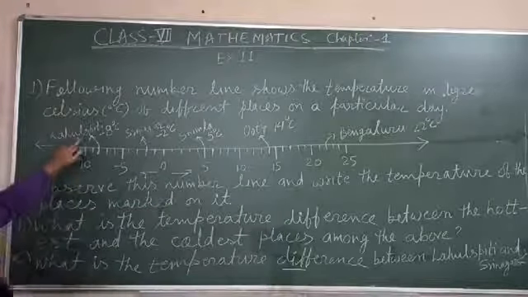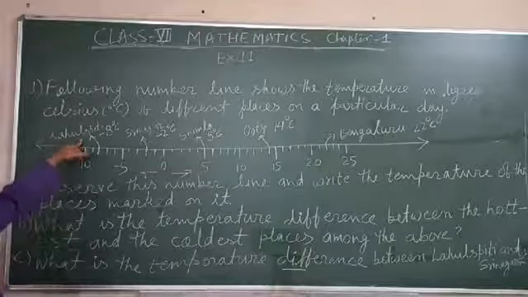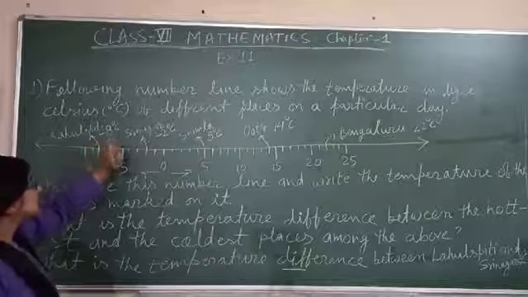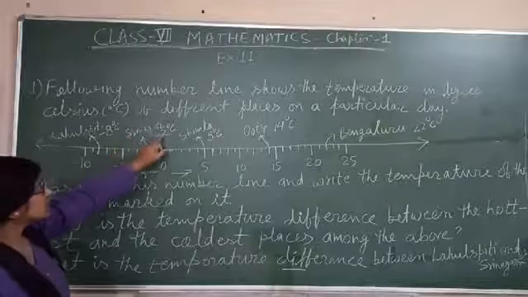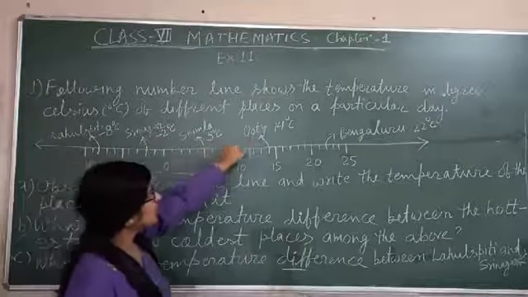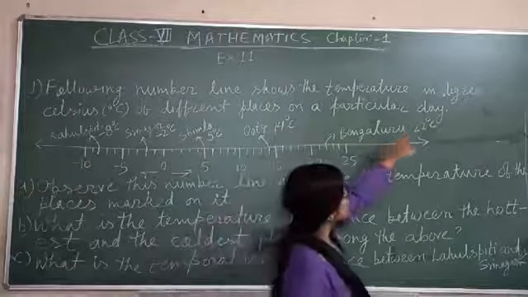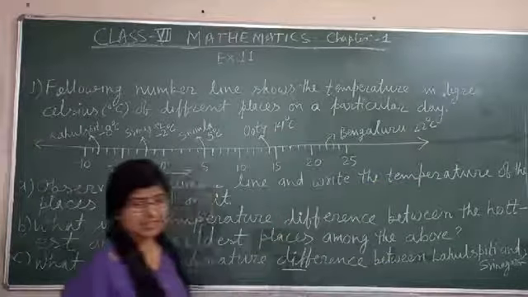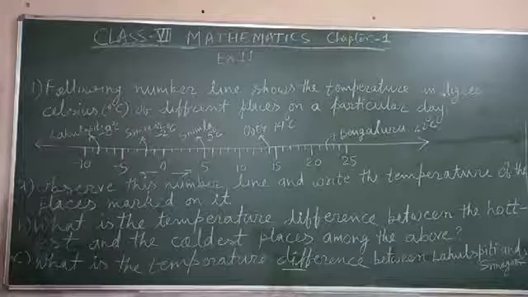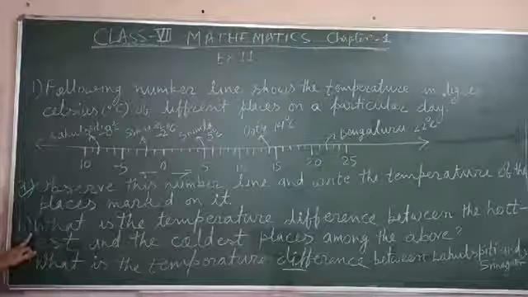So you can tell by observation of this number line, the temperature of Lahore is minus 8 degrees Celsius, Srinagar is minus 2 degrees Celsius, Simla is 5 degrees Celsius, Ooty is 14 degrees Celsius and Bengaluru is 22 degrees Celsius. So we have done our first question. Now coming to the second one.